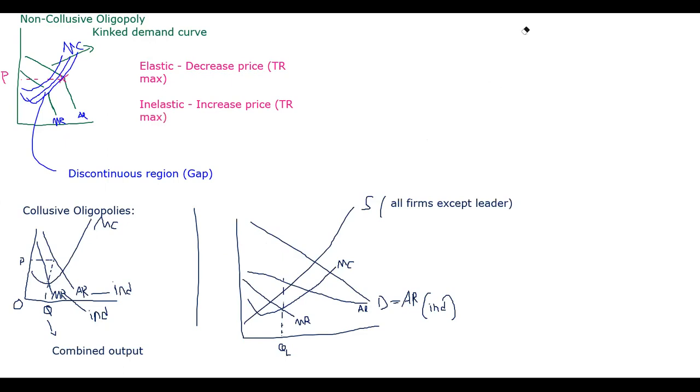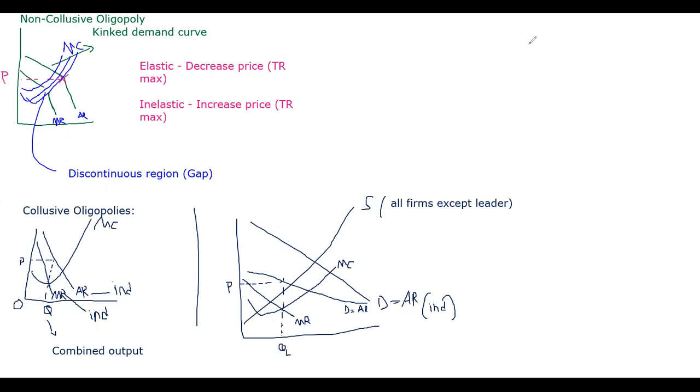We just equate it with the leader's AR. Right? So what the leader has done is ignore everything else. He's ignored supply, he's ignored demand conditions. He just looked at his own demand curve, which is equal to AR, and his MR and MC condition, and got the price and quantity.